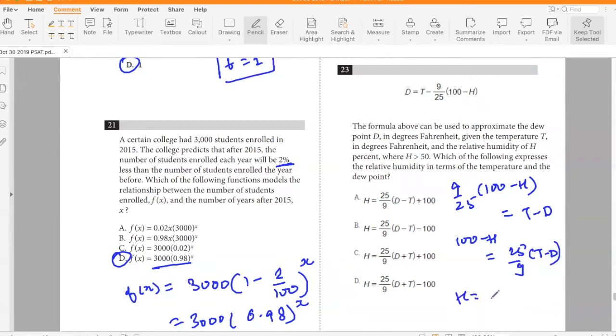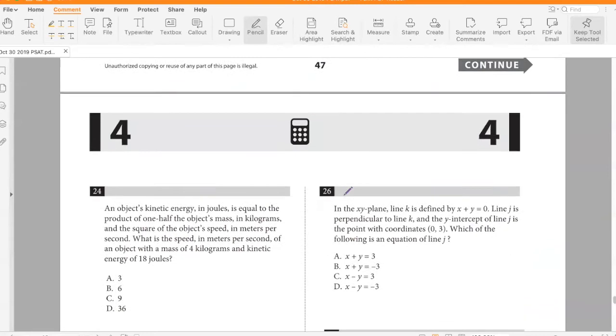So H would be 100 minus 25 by 9 into (T minus D). So we are taking this as positive. So that would be 100 plus 25 by 9 into (D minus T). So 25 by 9 into (D minus T) plus 100, option A.